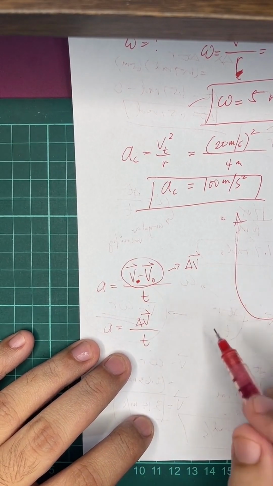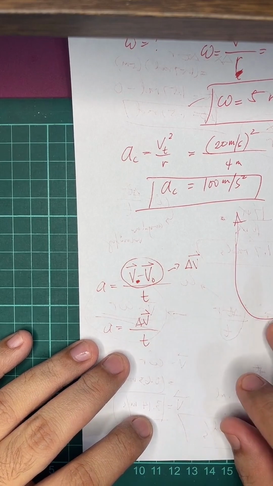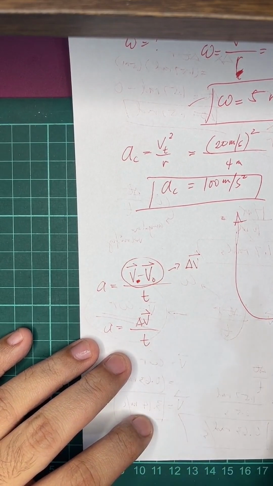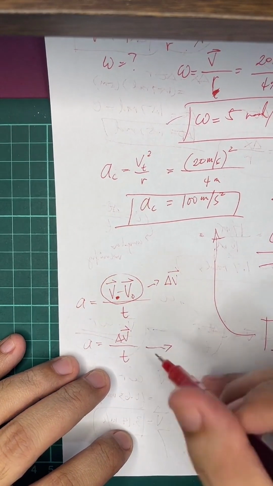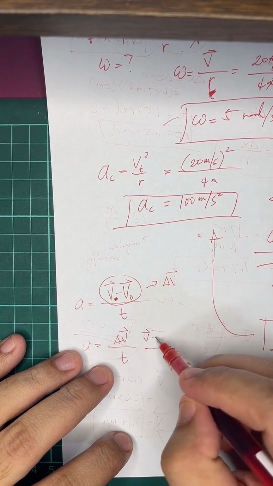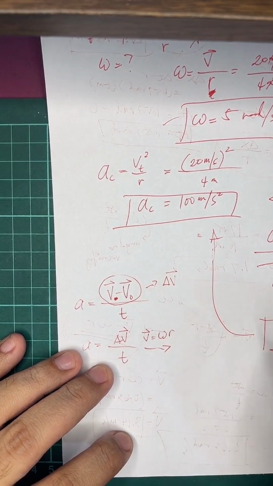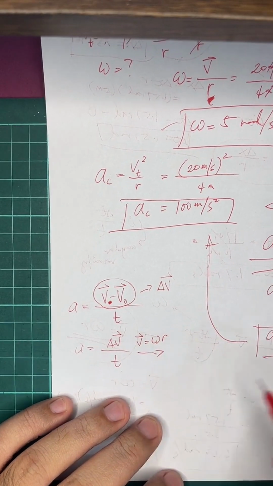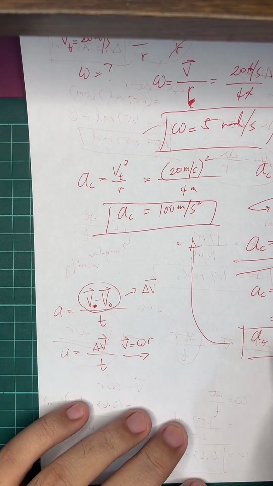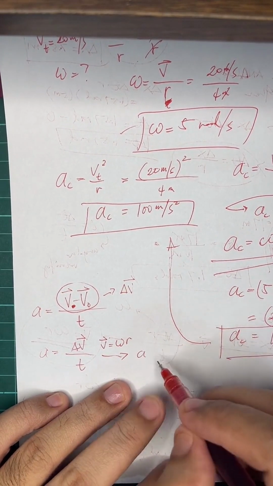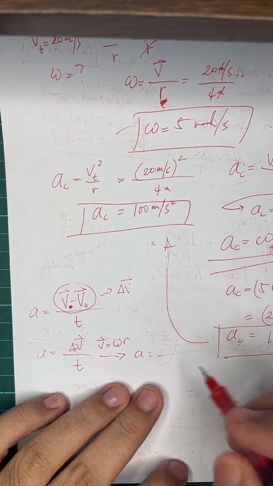Now, we will be using, once again, the relationship of V and omega, which is V is equal to omega R. So we substitute this equation here and plug it into our acceleration equation. We will be left with something looking like this.